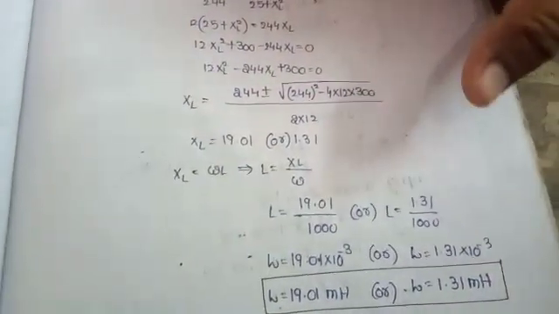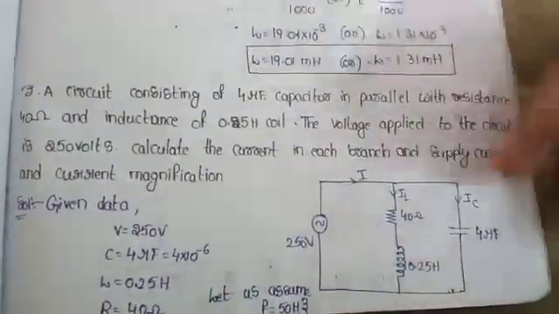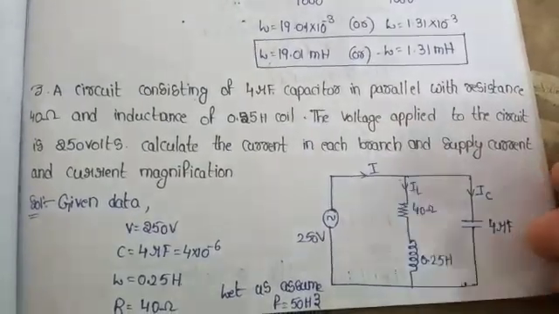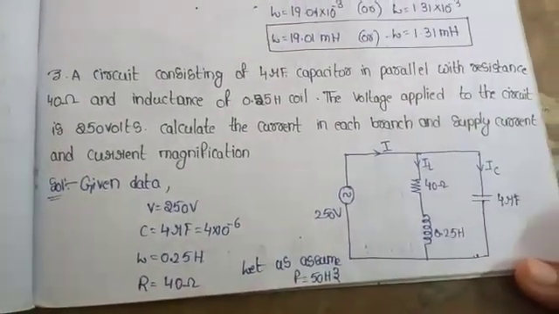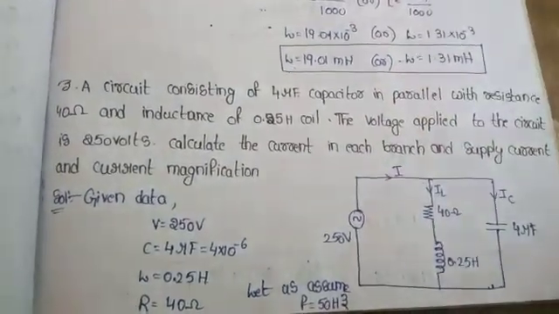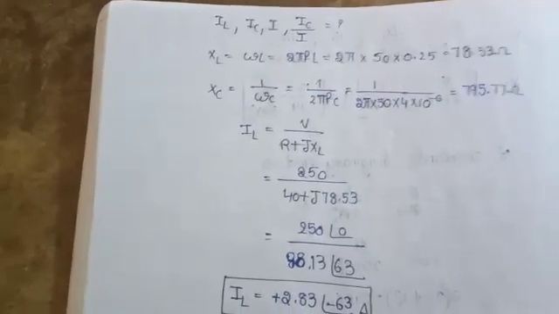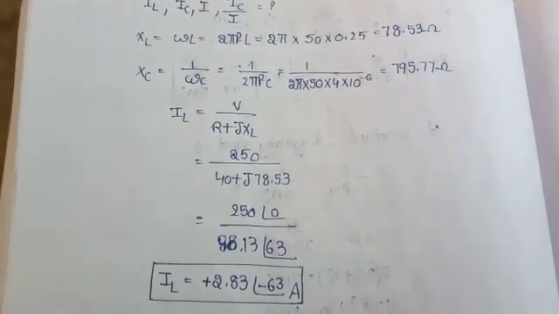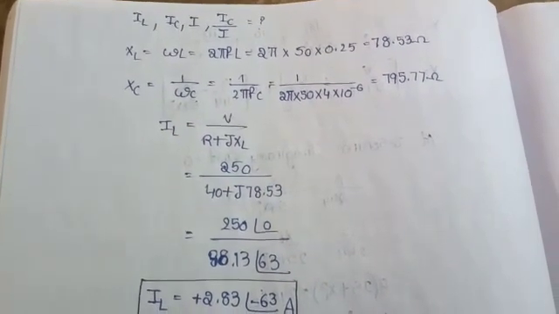So that was an important problem. Another problem, in a similar manner, for the given tank circuit: calculate the current in each branch, IL and IC. As usual, XL is equal to omega L, that is 2 pi fL, so we get the value, and XC is equal to 1 by omega C, we also get the value.